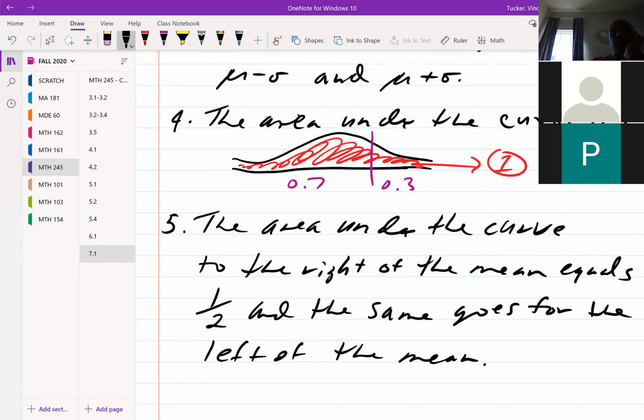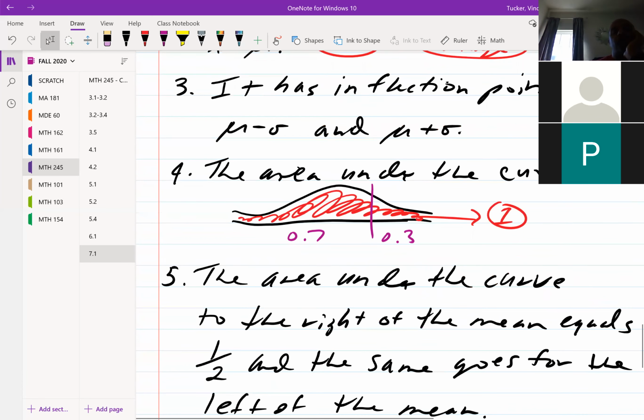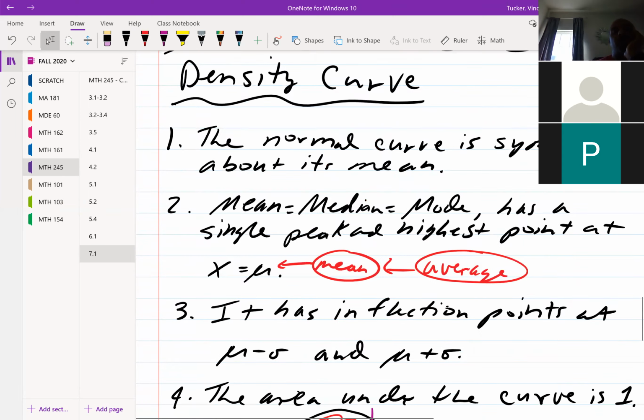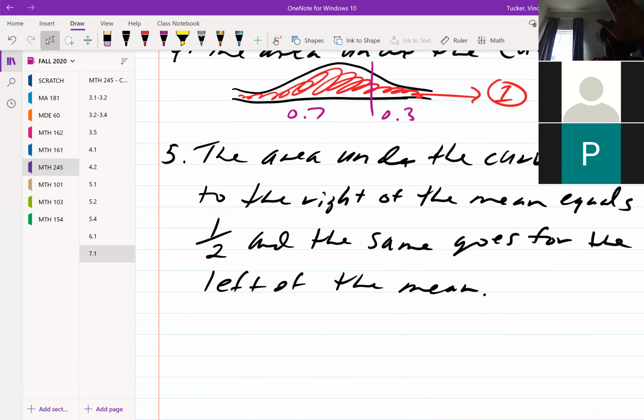So that basically takes 0.2 and 4, well, really 1 and 4, put them together because we already know it's symmetric about the mean. What goes on the right side of the mean goes on the left side of the mean, and everything under the curve is equal to 1, and your mean is in the middle. So make sure you understand that 0.5, or half of your data, will be to the right of your mean, and half of your data will be to the left of your mean.